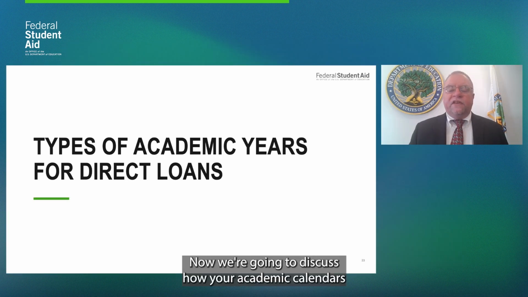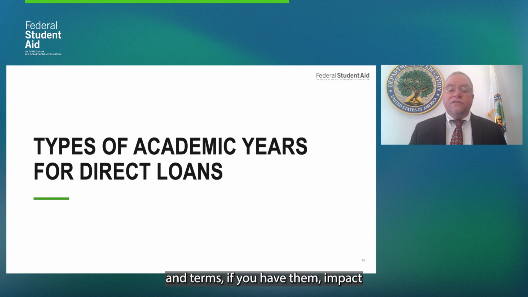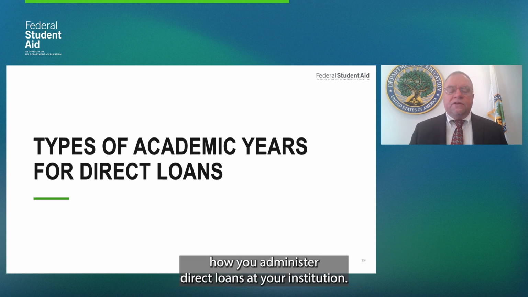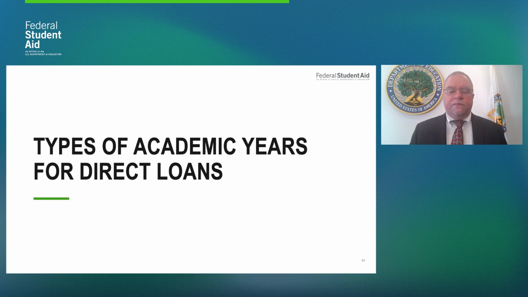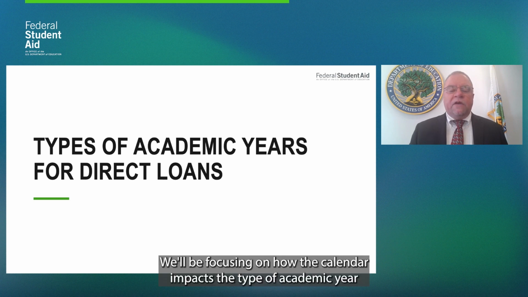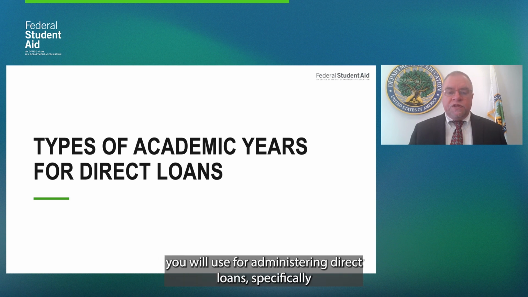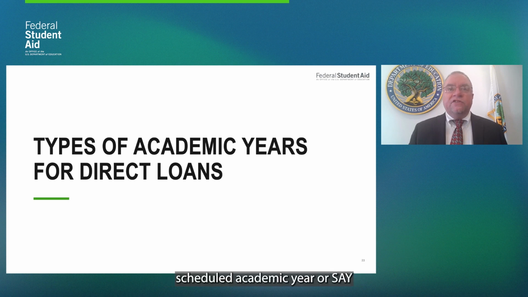Now we're going to discuss how your academic calendars and terms, if you have them, impact how you administer direct loans at your institution. We'll be focusing on how the calendar impacts the type of academic year you will use for administering direct loans, specifically Scheduled Academic Year, or SAY, and Borrower-Based Academic Years, or BBAY.